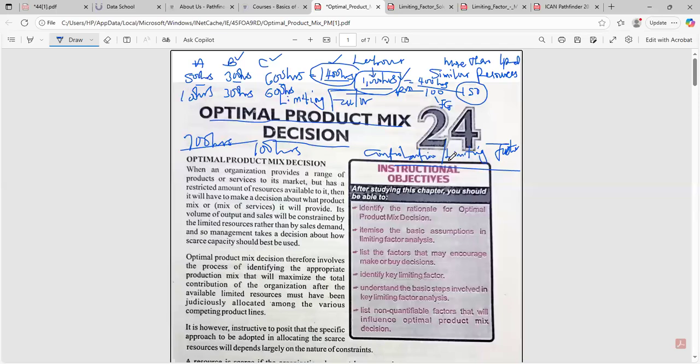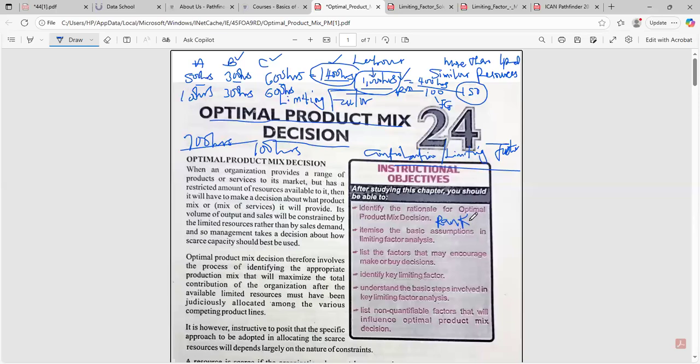So step number 3: calculate the contribution per limiting factor and rank it.